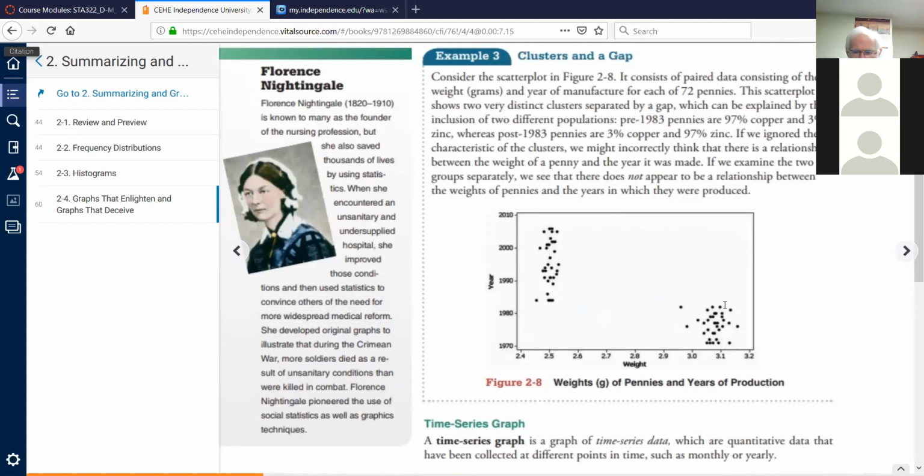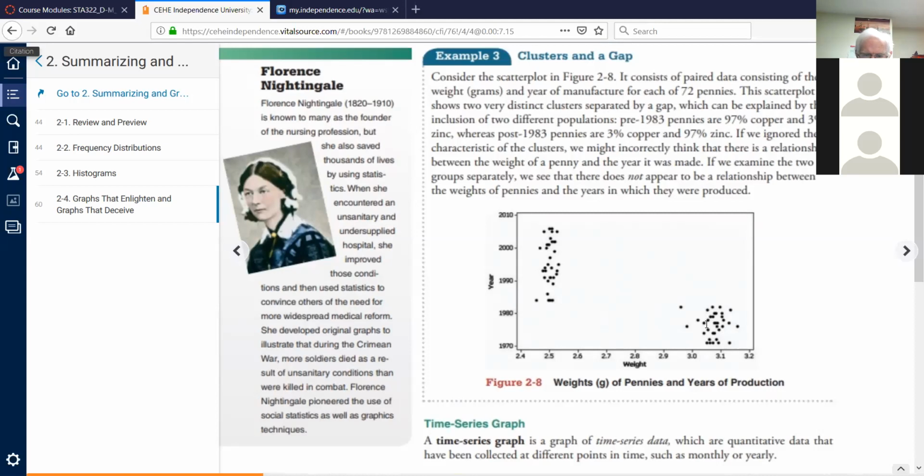If we look at this here, the gap itself means that we're actually measuring apples and oranges, to me, because we're looking at pennies that have more copper in this particular group, or less copper in this particular group, so they weigh less, and more copper in this particular group, because we're looking at the year in which they were minted.